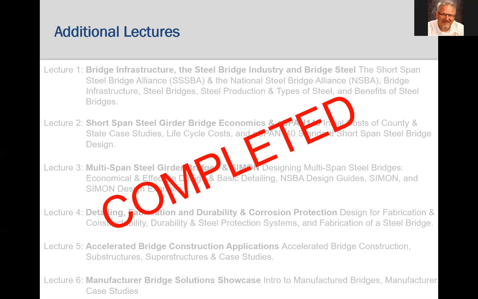We learned about durability and corrosion protection for steel bridges, how a plate girder is fabricated in the shop, the importance of accelerated bridge construction, and steel bridge solutions for ABC. And right here, options from bridge manufacturing firms for prefabricated steel bridges.